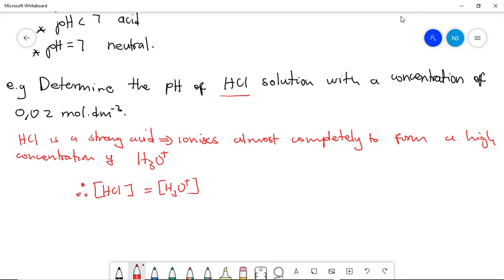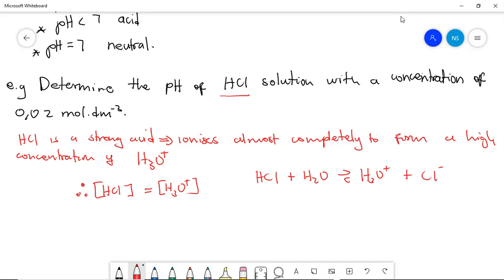It's HCl plus H2O, which will give us H3O plus plus Cl minus. We get this from the fact that HCl will ionize almost completely to form this ion.